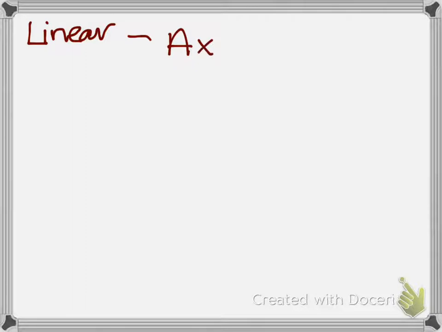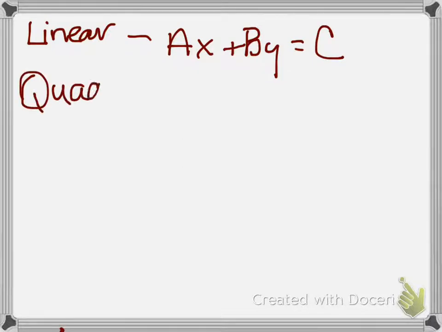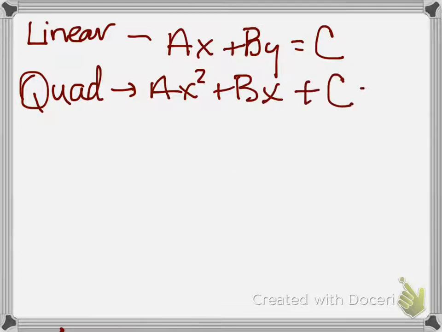So when we had linear terms, we had ax plus by is equal to c. When we had a quadratic equation in chapter 4, we had ax squared plus bx plus c is equal to 0.